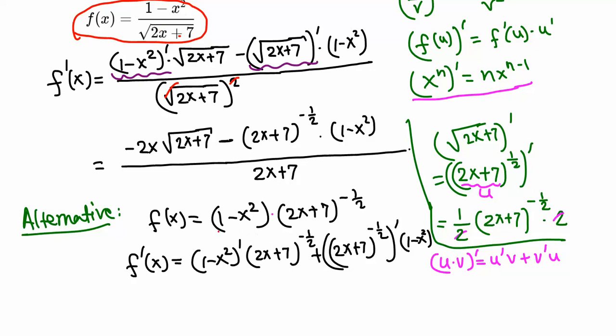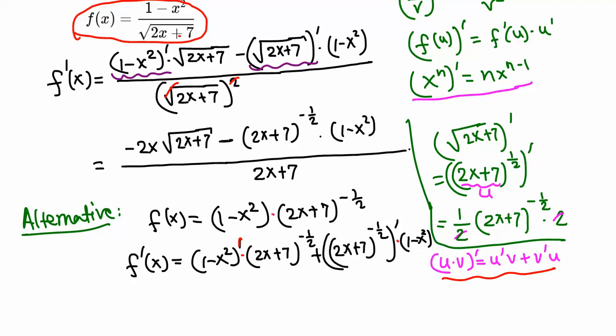So we have 1 minus x squared coming from the top, times, from the bottom, 2x plus 7 raised to negative 1/2. So we got a product of two functions, and we can use the product rule. The product rule says the derivative of the first factor times the second, leave that alone, plus the derivative of the second factor times the first, which is 1 minus x squared.